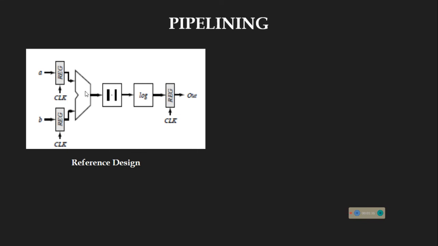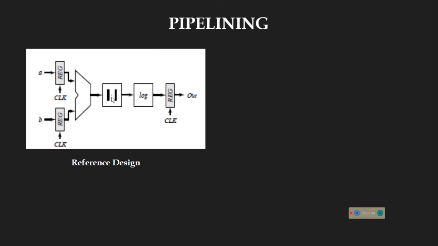The first element is nothing but an adder. That is, the LSB of A and the LSB of B are given as the input for this adder. Once A0 and B0 are added, they are passed on to an absolute circuit.